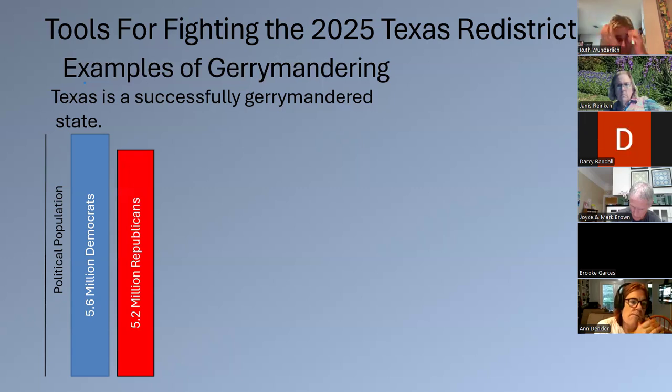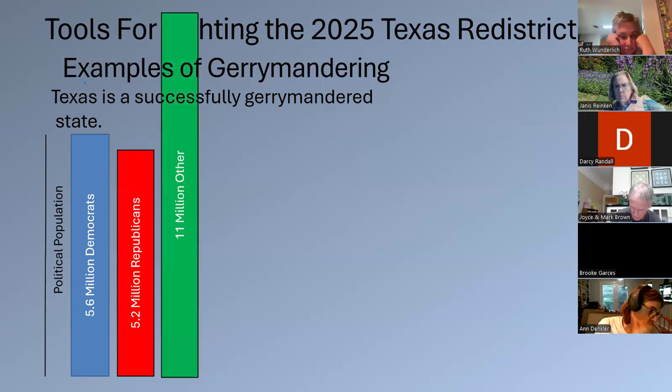Now it's a little disingenuous because there are 11 million other voters. But one of the reasons they get swayed towards the R is the lines. If you're kind of forced to vote in the Republican primaries, you just kind of follow along because that's where you're being forced to vote if you're going to have any voice in who runs your local areas.